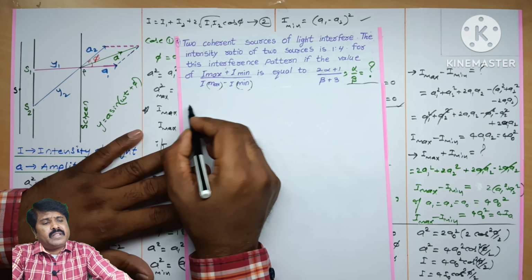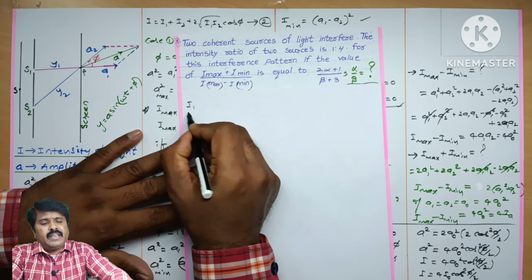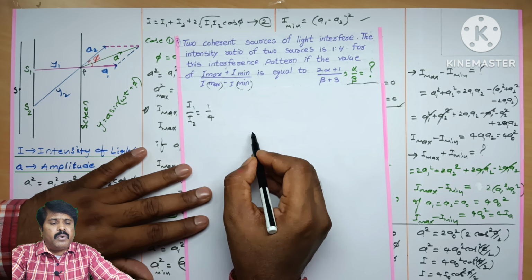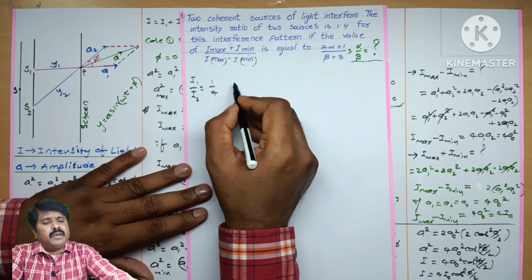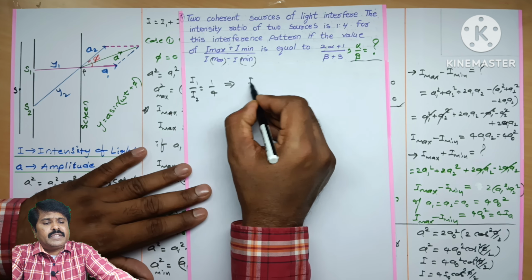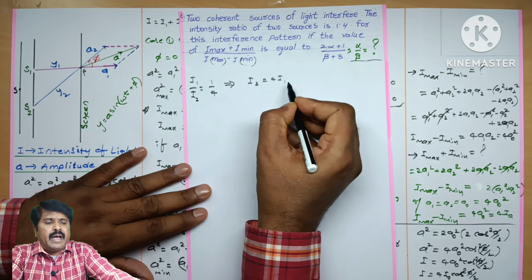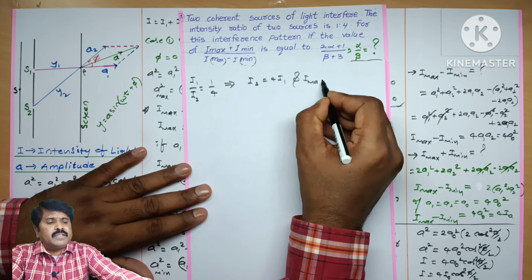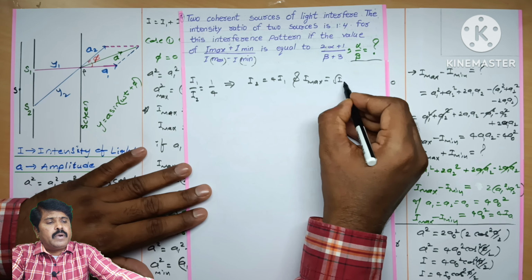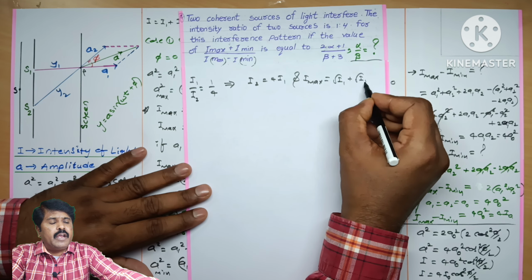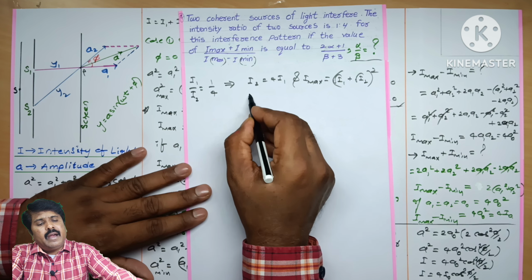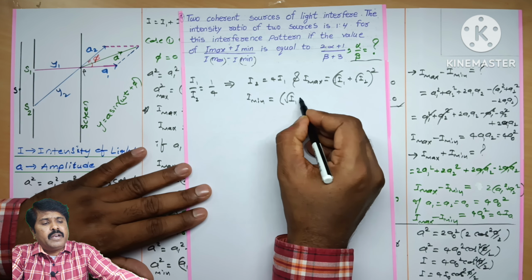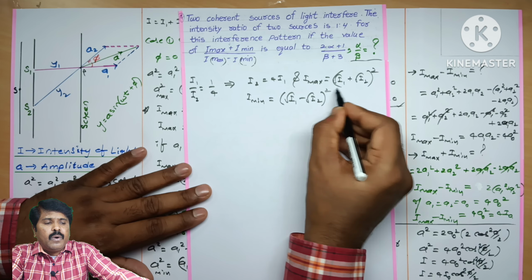So student, for this one condition is given, that is I1 divided by I2 is equal to 1 by 4. Okay, and then continuation from this equation, that is I2 is equal to 4 I1, and the maximum intensity equation I max is equal to (root I1 plus root I2) whole square, and the I minimum equation is equal to (root I1 minus root I2) whole square.